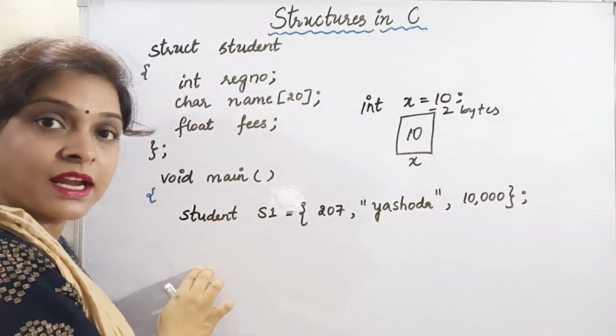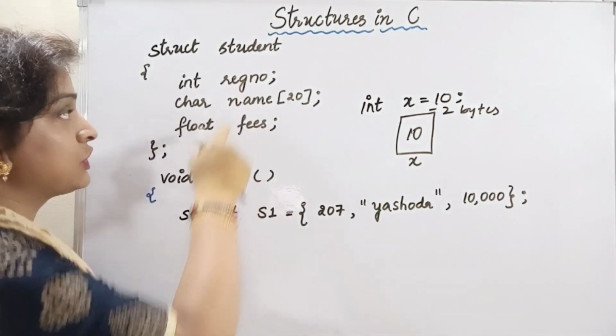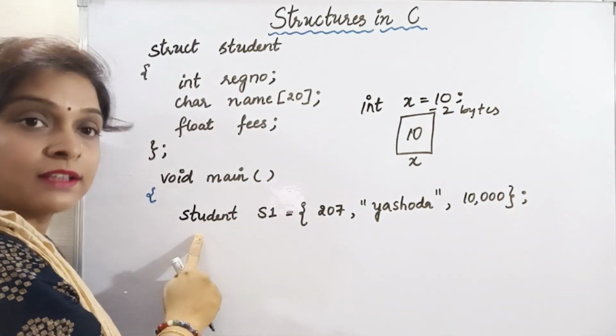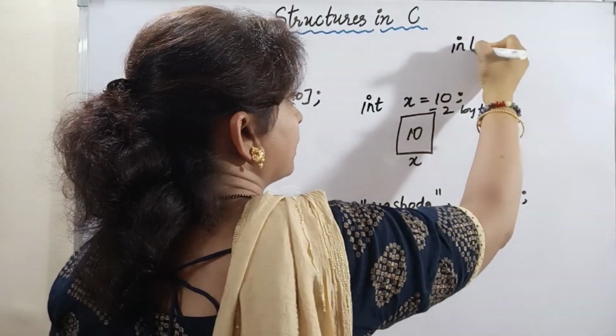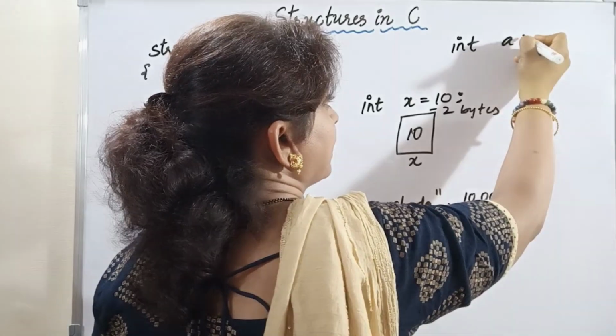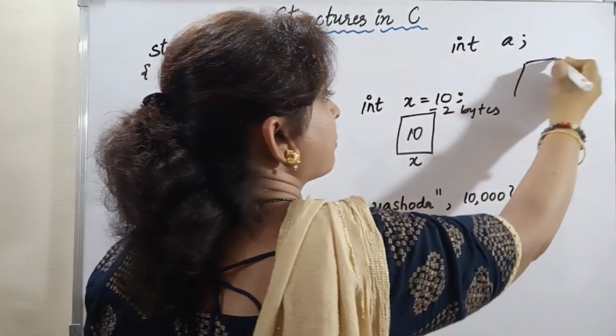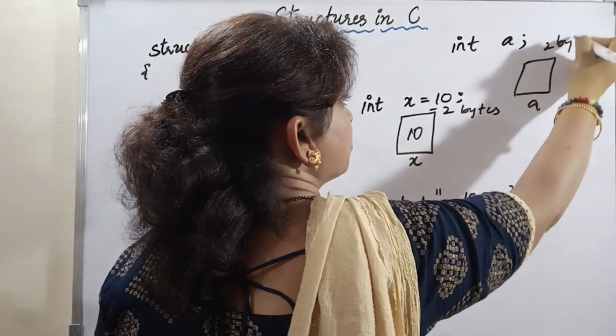Then inside the main, I'll create a variable of that structure. So what is the new data type name? It is student. If I just say int, can I get the memory? No. Only when I create a variable of that type, then I get the memory for that depending upon the data type. So int means it is 2 bytes.